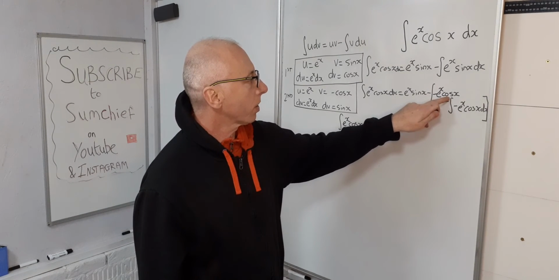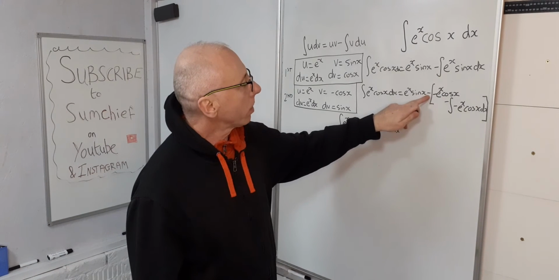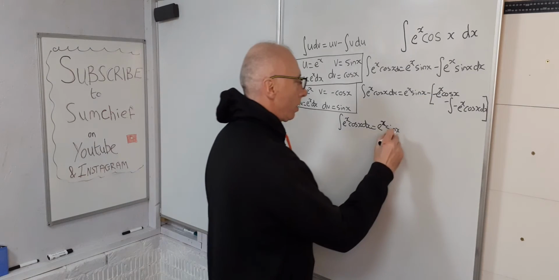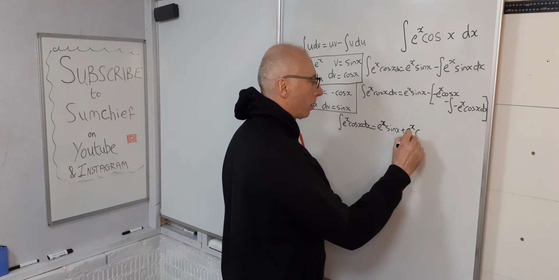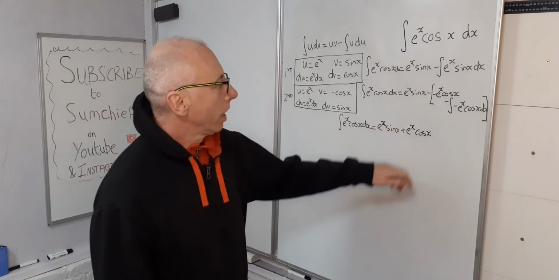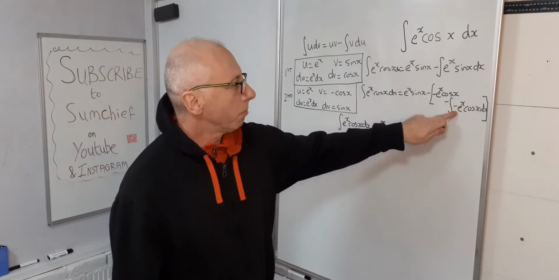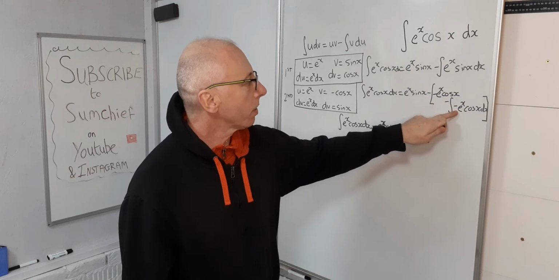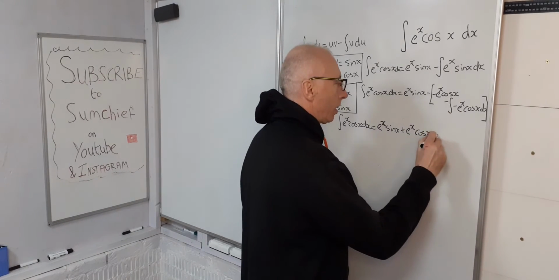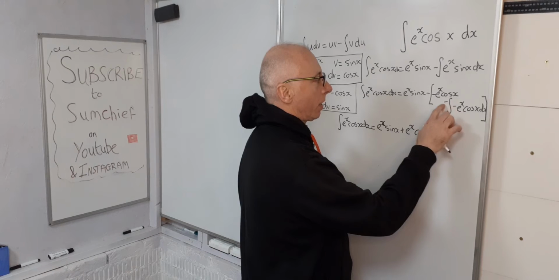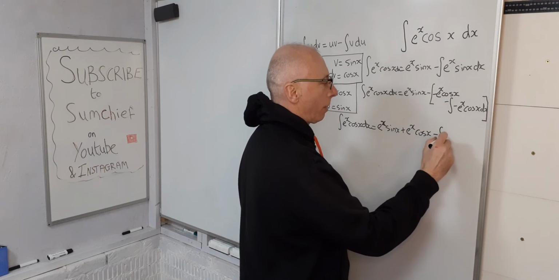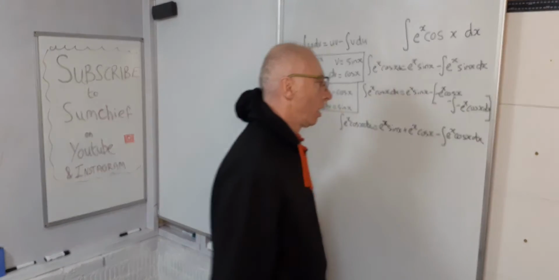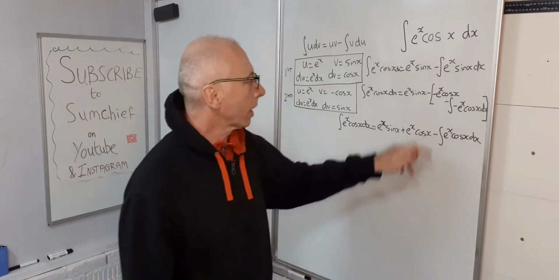So we've got minus e to the x cosine of x as part of our answer, but then there's another minus at the front of the brackets, so therefore two minuses make a plus, so we're going to add e to the x cosine of x. And then we've got a minus, a minus and a minus for this integral, which is minus, minus, minus, that still stays as a minus. So that's minus the integral, and then this minus is taken out and applied with this one. So now we can just write e to the x cosine of x dx. Okay, and that takes care of all the square bracket.